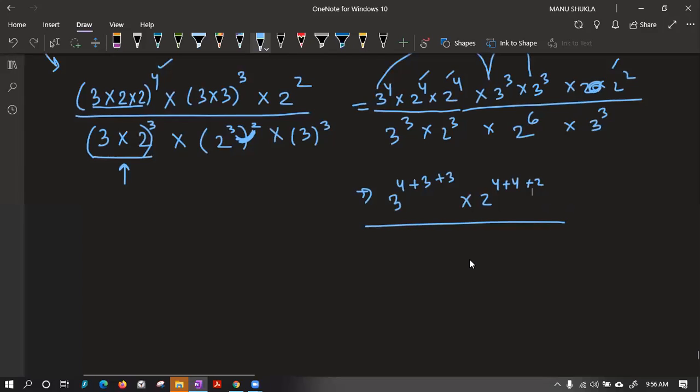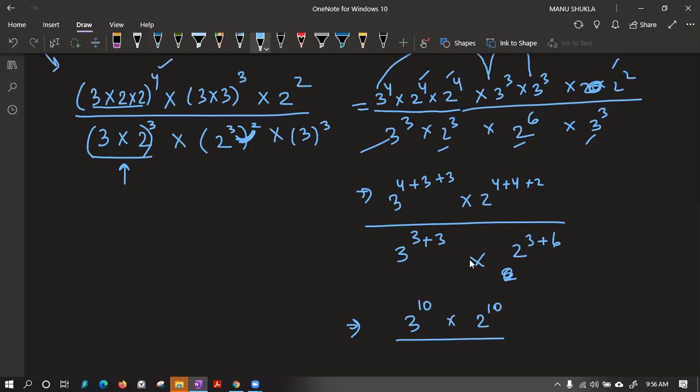In the denominator, we have 3 power 3, 3 power 3. Powers will add, and then we have 2 power 3, 2 power 6. Powers will add, 3 plus 6. And finally, we will get the answer as 3 power 4 plus 3 plus 3, that is 10, into 2 power 10 upon 3 power 6 into 2 power 9.